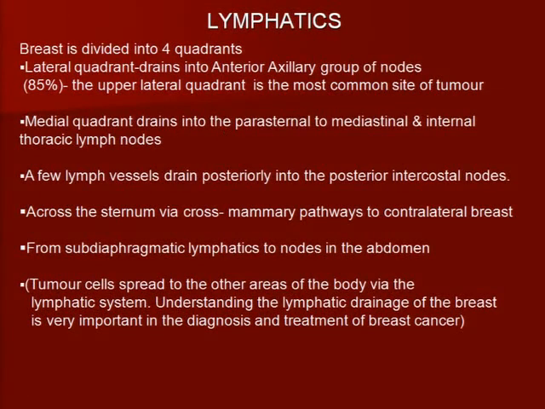They go to the parasternum, and then they go to the mediastinum. Some nodes go posteriorly into the posterior intercostal nodes. More importantly is the nodes going right across the sternum to involve the contralateral breast, going to the subdiaphragmatic area to involve the abdomen, the ovaries, the peritoneum, and the liver. So you must know that, you must understand the lymphatic system, okay?